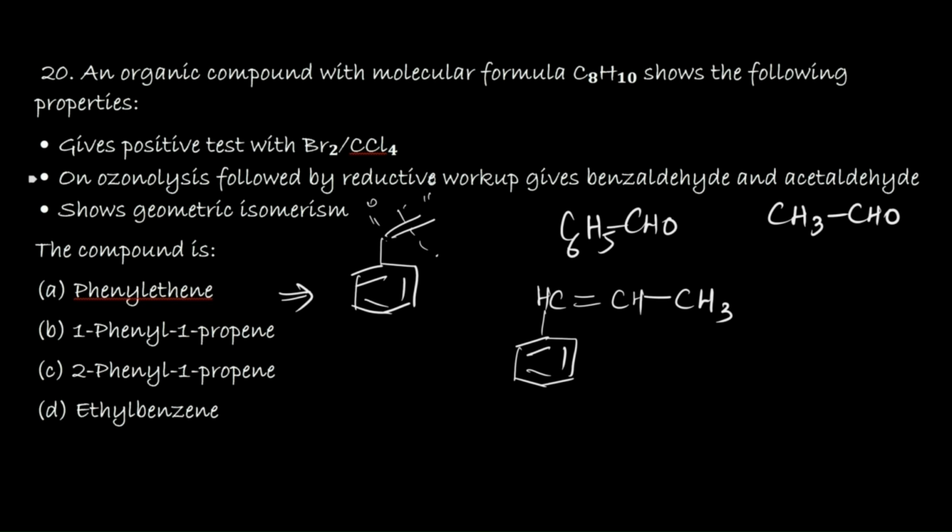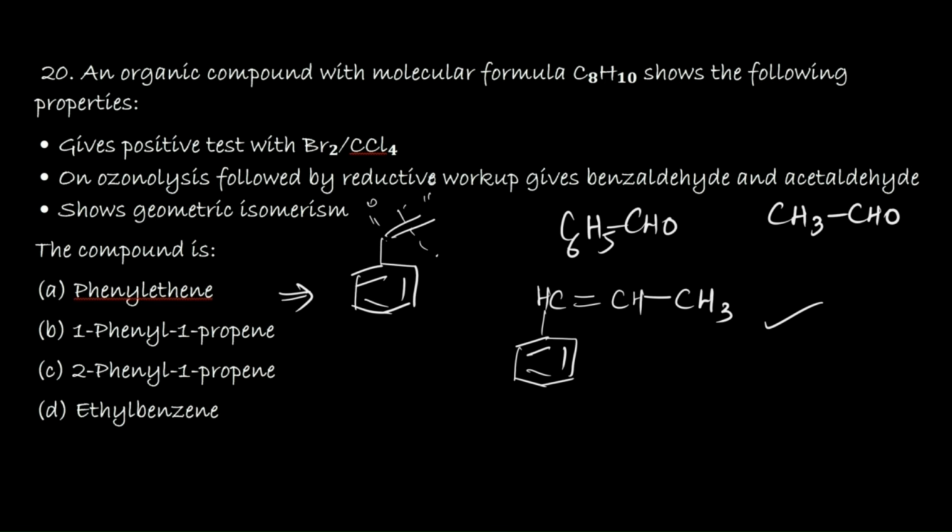This can be considered, and it gives a positive test with bromine, as it has a double bond. Then it shows geometrical isomerism: you can see one side H, another side CH3, one side H, another side phenyl. So it can show geometric isomerism because different groups are attached.